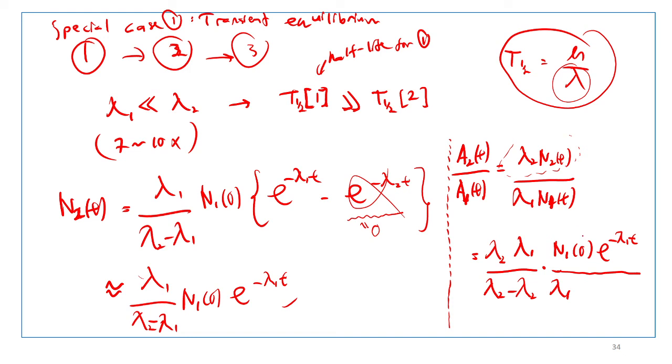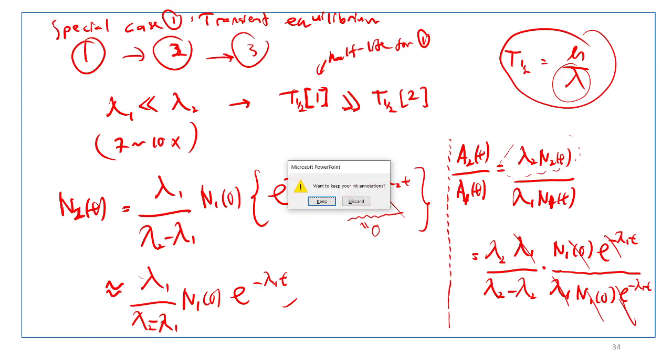If you still remember, N1(t) is N1(0) exponential minus lambda 1 t. What can we see here? This one vanishes, and leaves us with, okay, I need to add more pages.